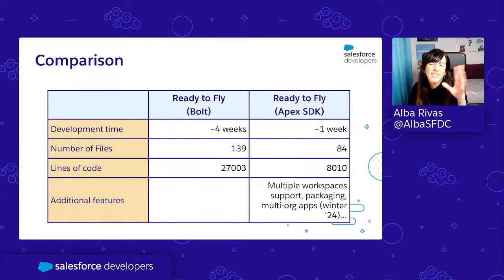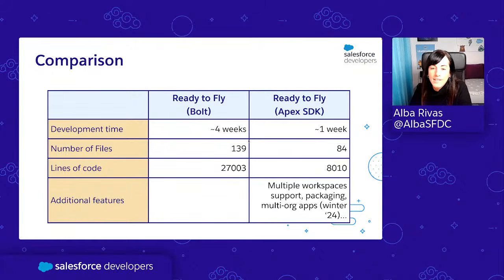So this is an estimation, and of course it depends on your knowledge, on your team, etc. But approximately, I would say that creating the first app took us 4 complete weeks, and creating the app with the Apex SDK was like 25% of that time. Okay, just 1 week. So it was like a big gain in saving of time.